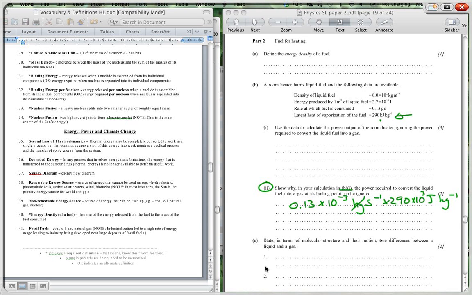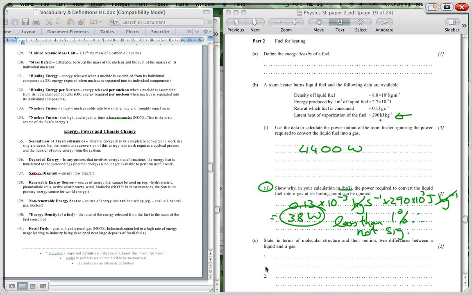The kilograms cancel out, and I've got joules per second, which is a watt. When I multiply that out, I get a value of about 38 watts. Now, 38 watts in comparison to 4,400 watts is less than 1%, therefore not significant.